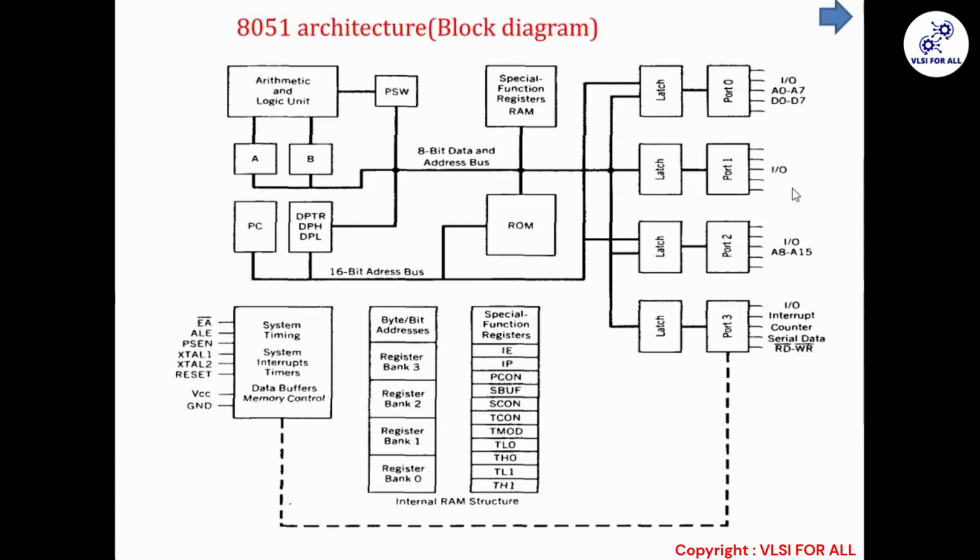The question is, for port 0, why do we have D0 to D7 also? Now, look, when I am giving the address of external data or program memory, from where do I take the data in? From here only I can take that external data in.